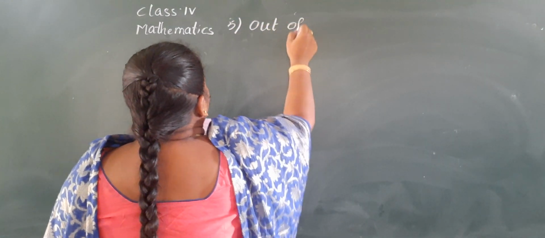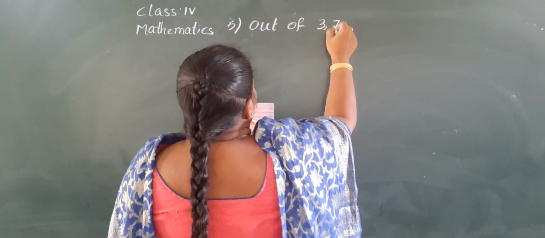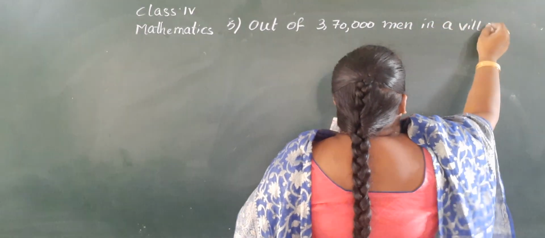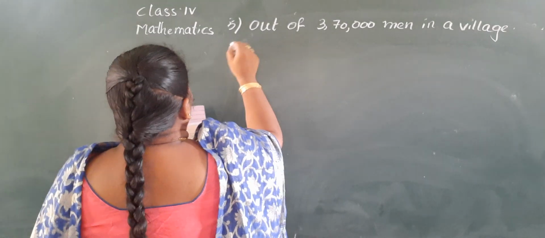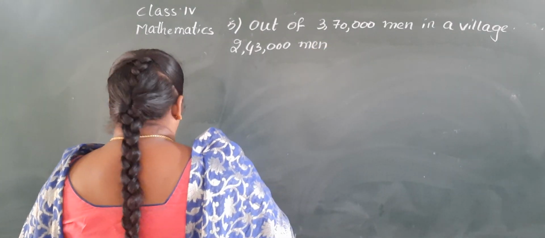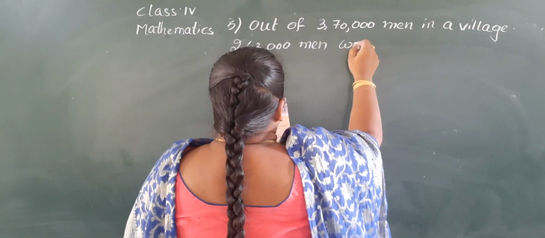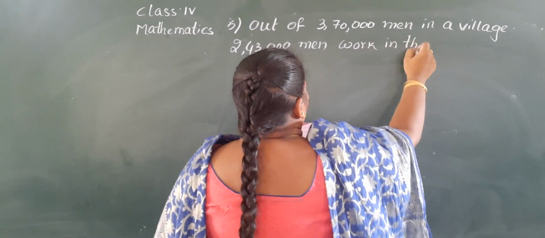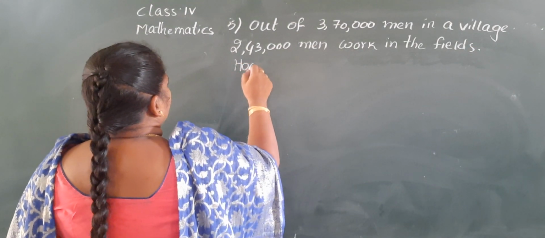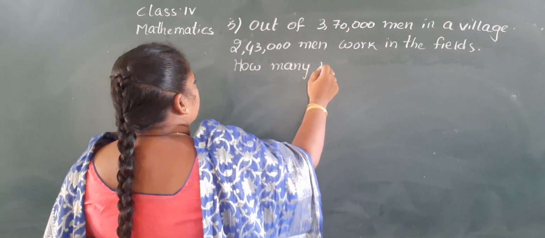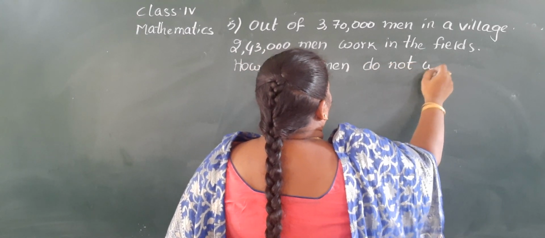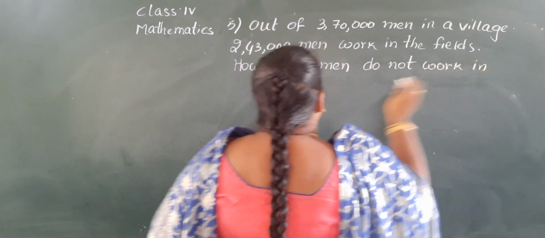Out of 3,70,000 men in a village, 2,43,000 men work in the fields. How many men do not work in the fields?